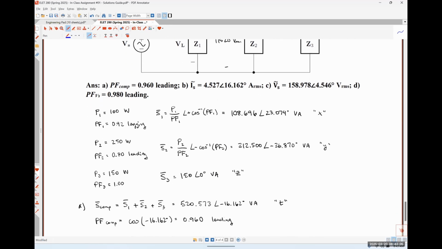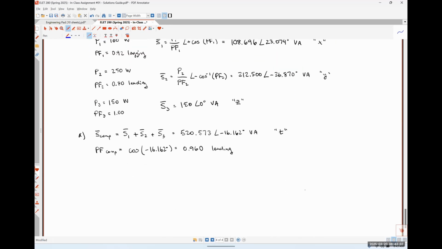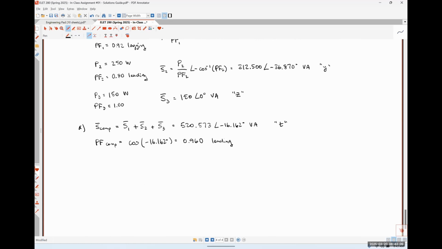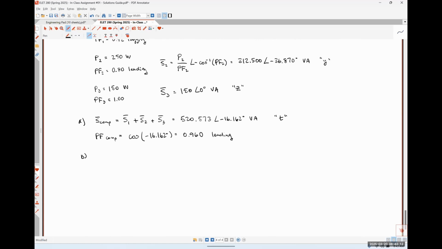So for part B here, we know that S composite is going to be equal to the value of our load voltage multiplied by the complex conjugate of our source current.